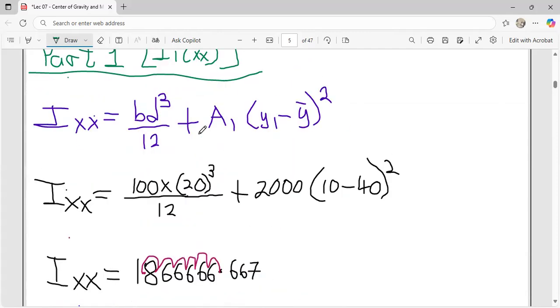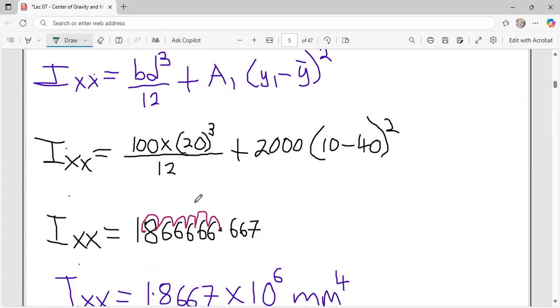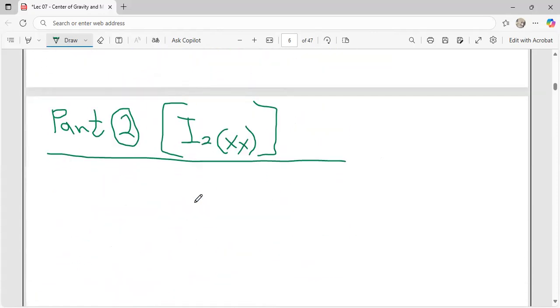So you can see I'm done calculating for this. I have to calculate for this one before I can get the total moment of inertia about XX for the total area of the two sections, the two parts. So I have to substitute everything into the equation.